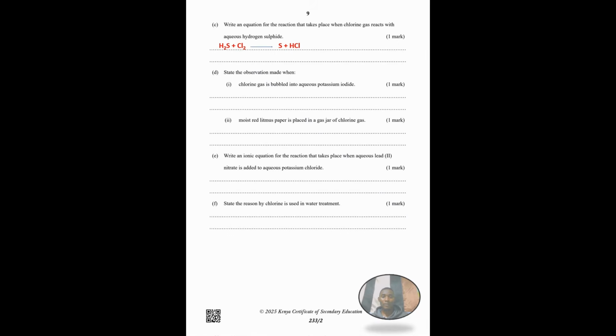We obtain sulfur, which is a yellow solid, plus hydrogen chloride, in this case a gas. So the equation should be balanced by putting a 2 in front of the hydrogen chloride, and through that we shall have balanced the equation.